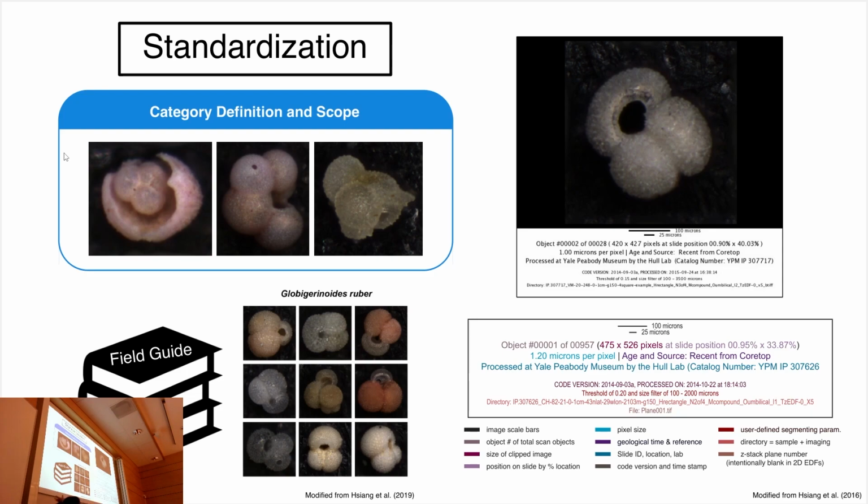And so you need to do things like provide field guides, provide taxonomies for your classifiers to follow. And this part is also talking about standardization in terms of organizing your metadata well. So we had a lot of metadata associated with where these guys were found, where in the sediment, stuff like that. So just make sure that you're very clear about all that metadata and organizing it in an understandable way.